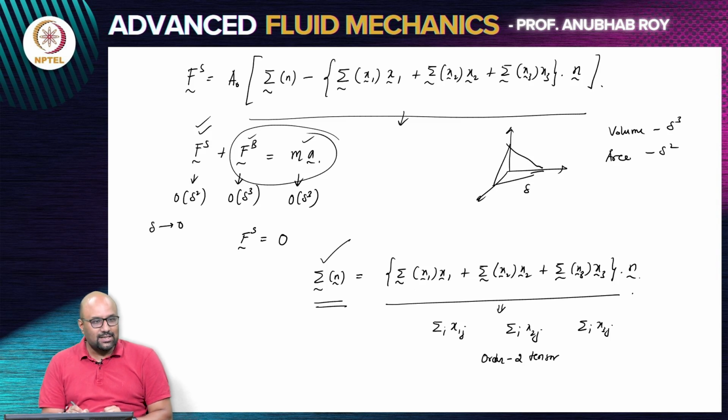So this tells us that the object that is actually of more fundamental interest, rather than the stress vector or the surface vector, is the stress tensor. The stress tensor basically gives us the surface force at a particular point where the unit normal is n.